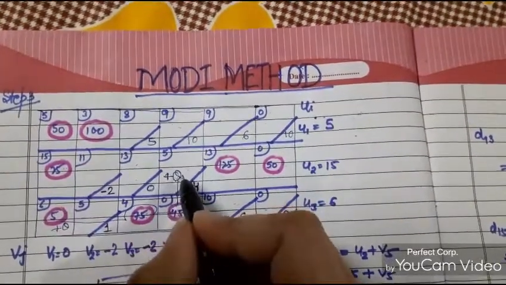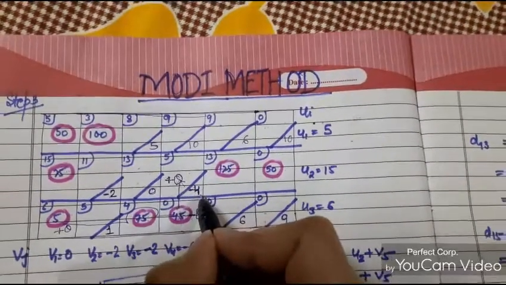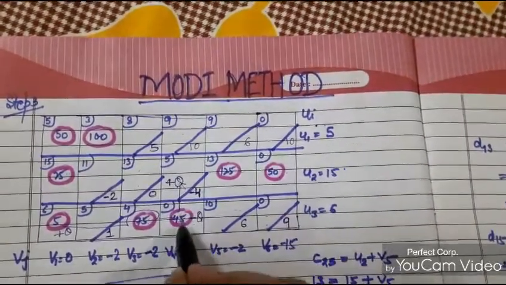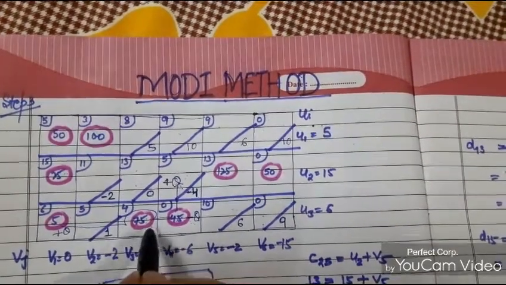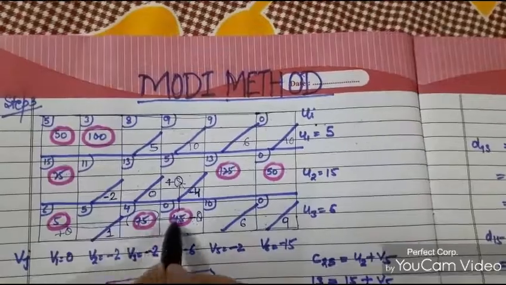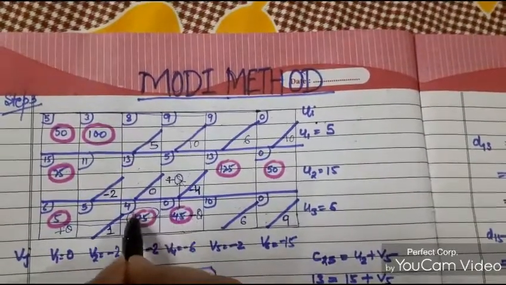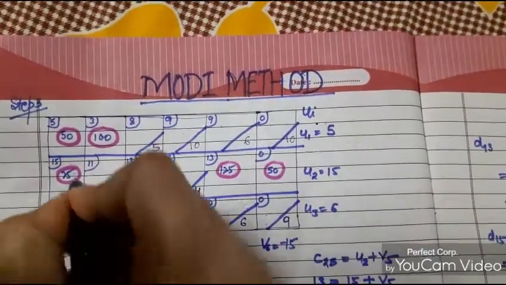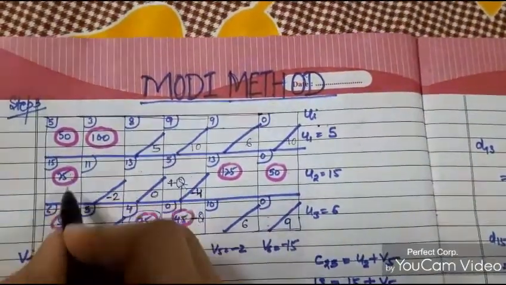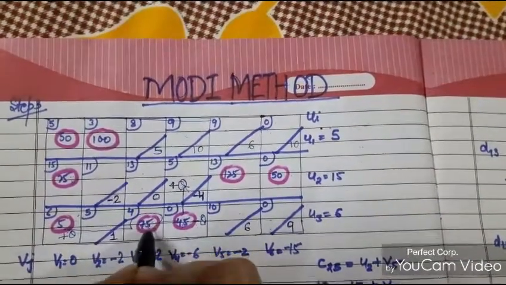So the first thing is to assign plus theta to the most negative cell, then assign minus theta to the next cell, and after that see which cell you have to skip and move on, so that a closed loop can be formed. I have skipped this cell and moved to this one, because I can jump to this allocation, but I don't have any allocation further near this 75 allocation.